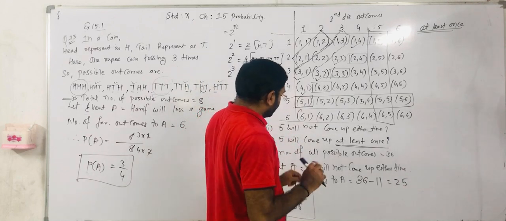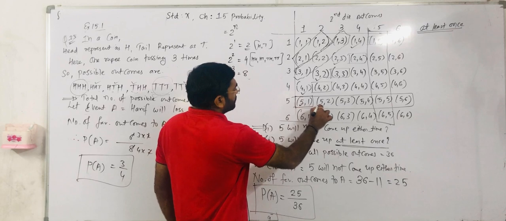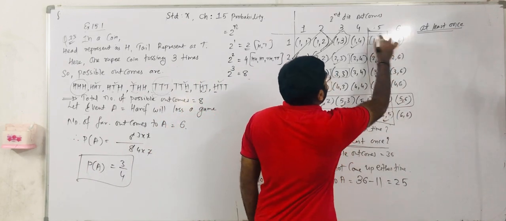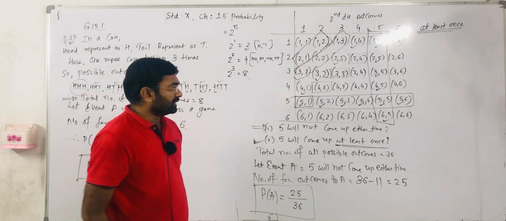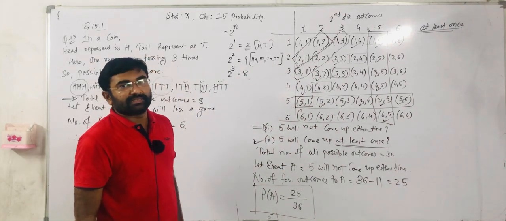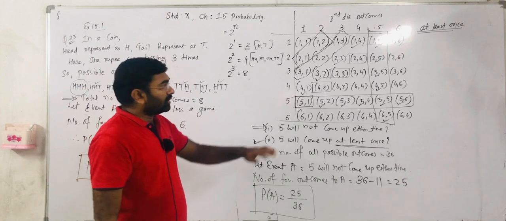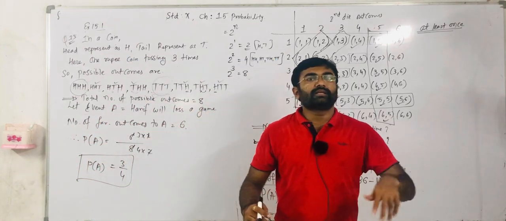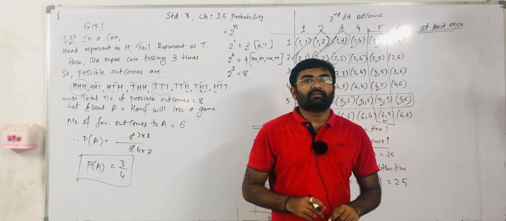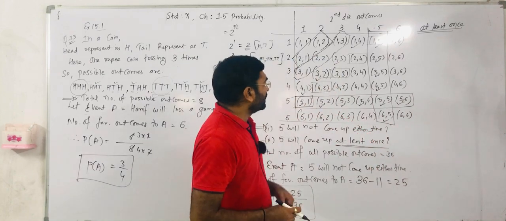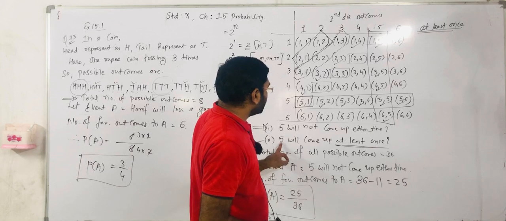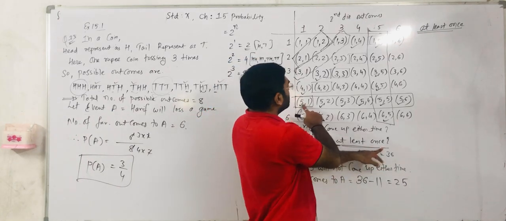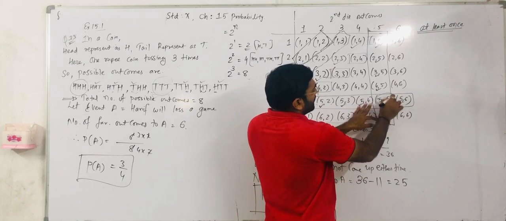So in those outcomes we get the 5 at least once. Now suppose at most once is given. It means not more than one time do we require a 5. So if in place of that the question said 5 will come up at most once, then at most once means these outcomes are possible, but the outcomes in which we get the 5 two times are not considered.